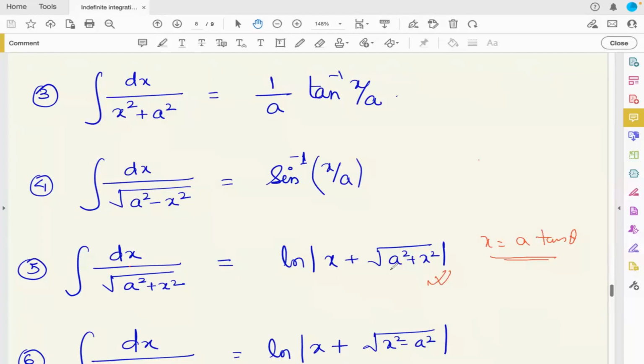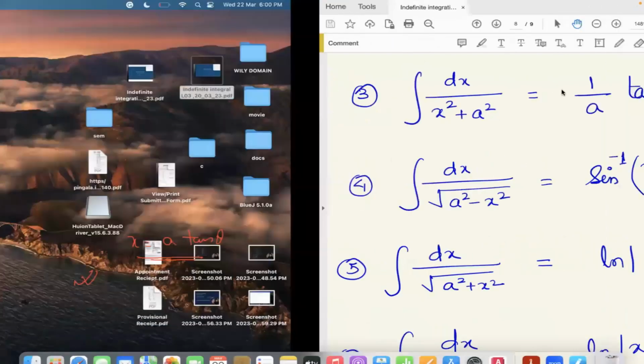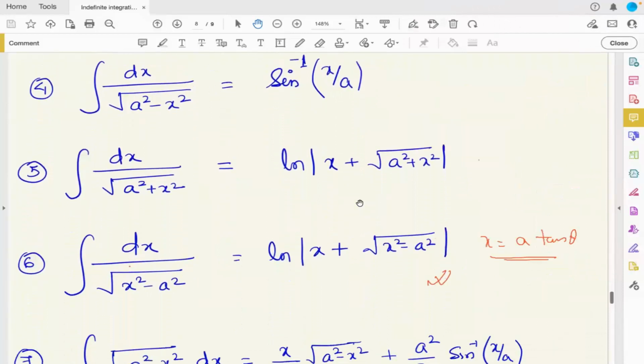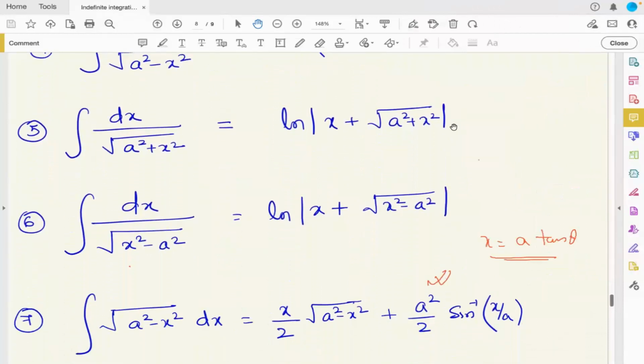So try to remember. The sixth standard form, let me go to the sixth form. Here also it is the same. Here we just have to figure out what to substitute.